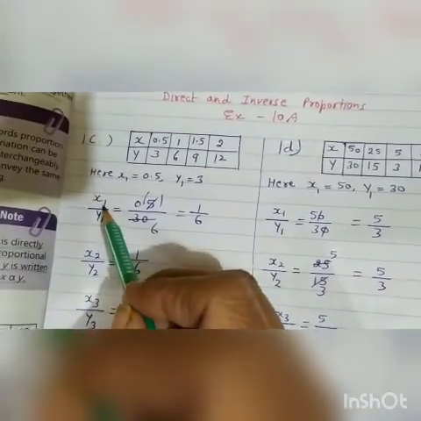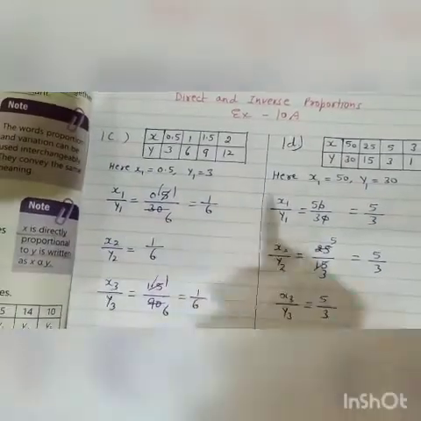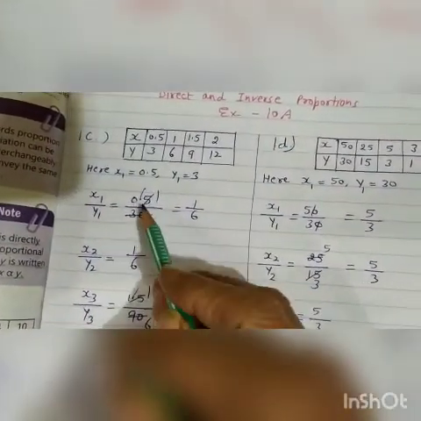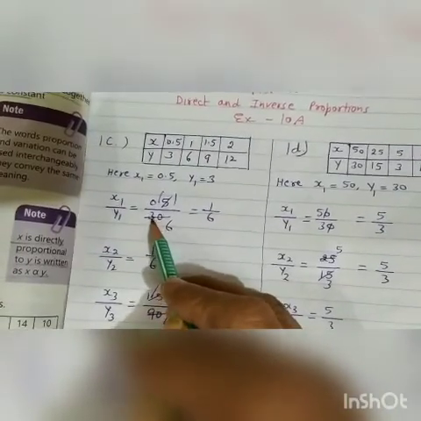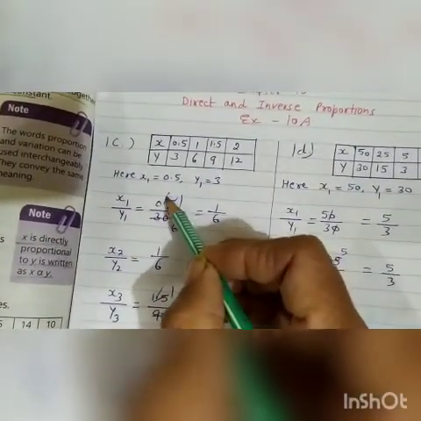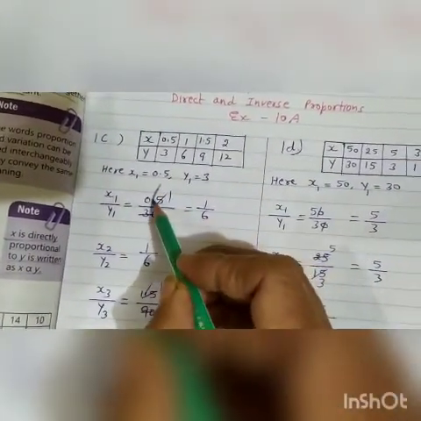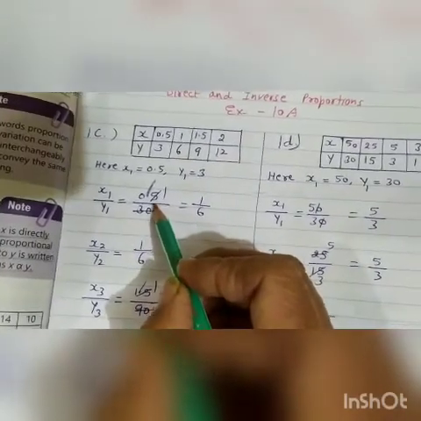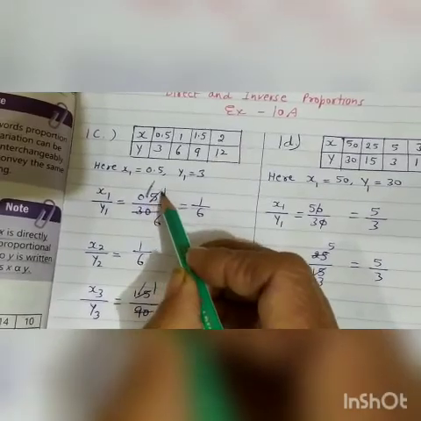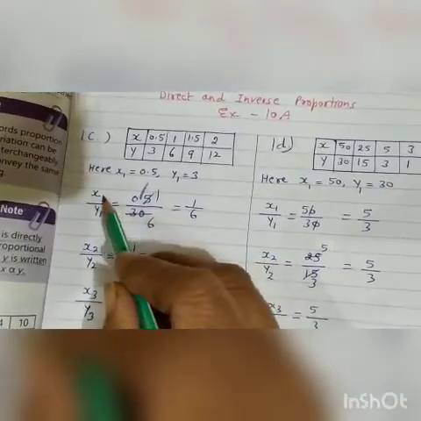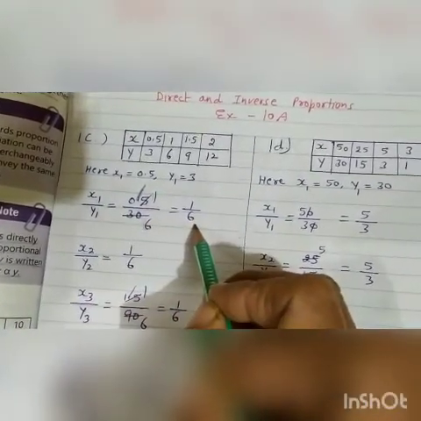So we will find the value of x1 upon y1. x1 is 0.5, y1 is 3. I have removed the decimal here. After the decimal there is 1 digit, so I have added 1 zero. Now simplify it. 5 ones are 5, 5 sixes are 30. x1 upon y1 is equal to 1 upon 6.